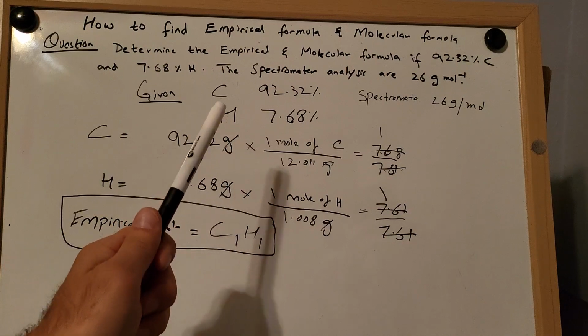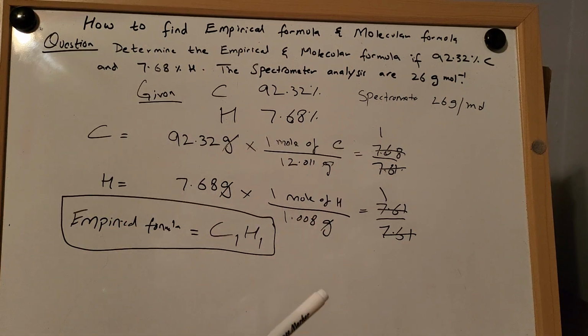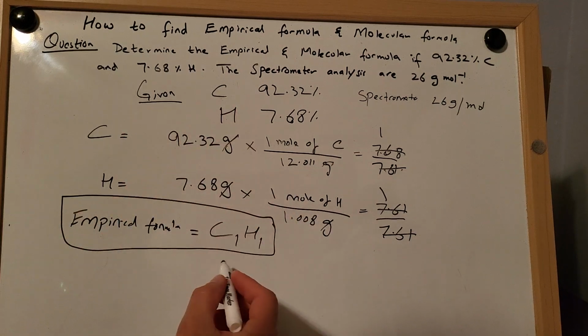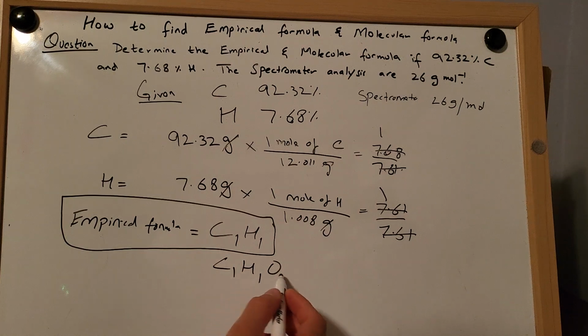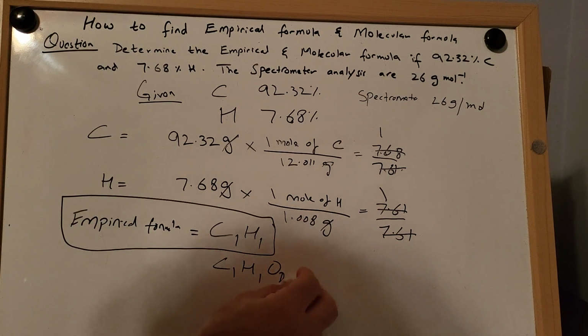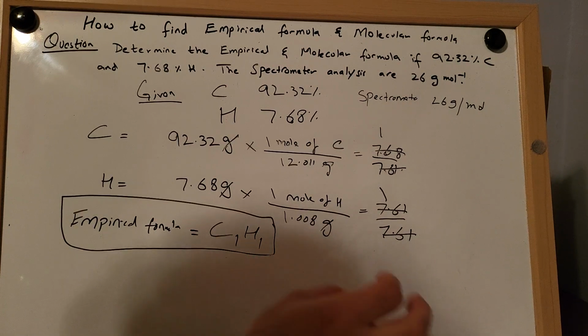In this example, we do not have oxygen. Sometimes a question will come with oxygen as well. For example, if the question comes with oxygen, you will also write down CHO, so C1H1 and O probably 1, or 2, or 3, whatever O is going to be, depending on how you solve the equation.